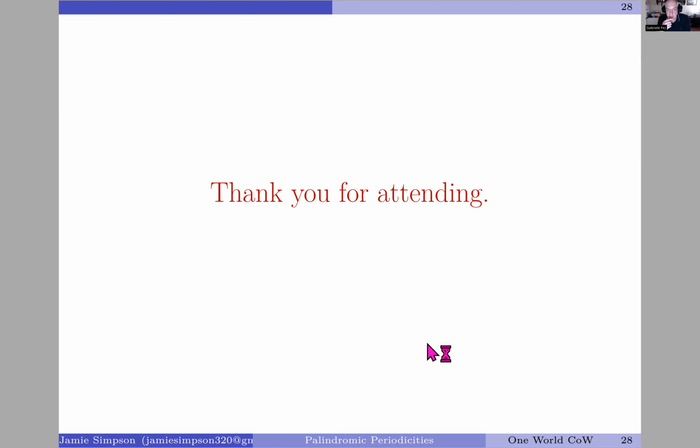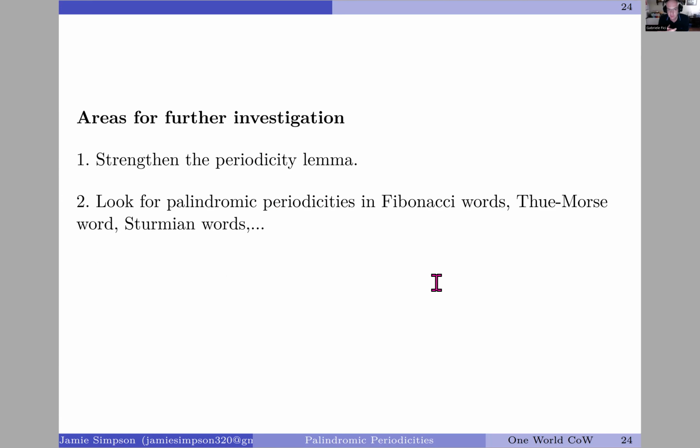Is it correct what I understood, that essentially what you get in palindromic periodicity is a period as a word that alternates with its reversal? Like, word, reversal, word, reversal, as a period. In the example you showed, if you can come back with the slide with the two overlapping palindromes.